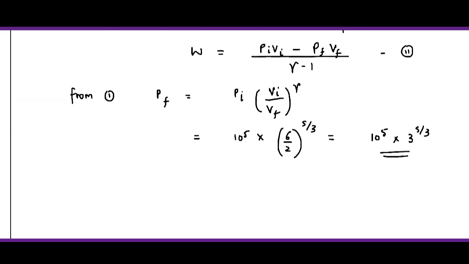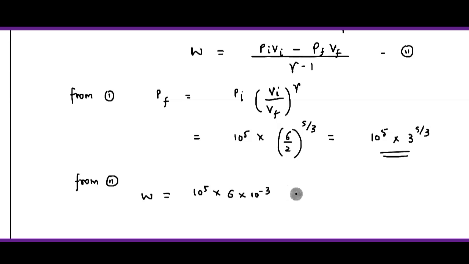Now we can substitute it in equation 2. From equation 2, work done can be written as Pi, that is 10 raised to 5, into initial volume 6 liters, converting it into meter cube, so 10 raised to minus 3.